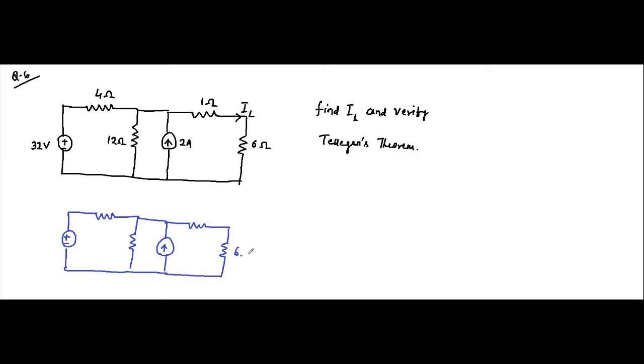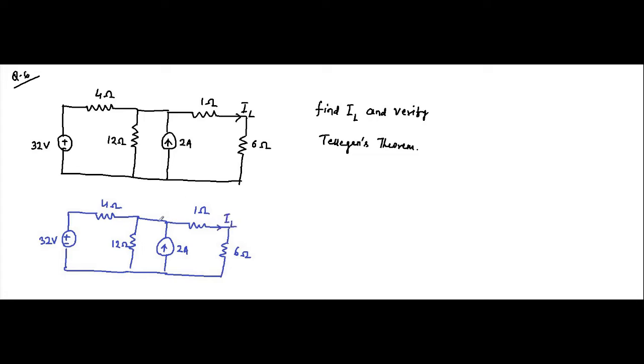Okay, 6 ohm, 1 ohm, 2 ampere, 12 ohm, 4 ohm, 32 volts. This is IL.